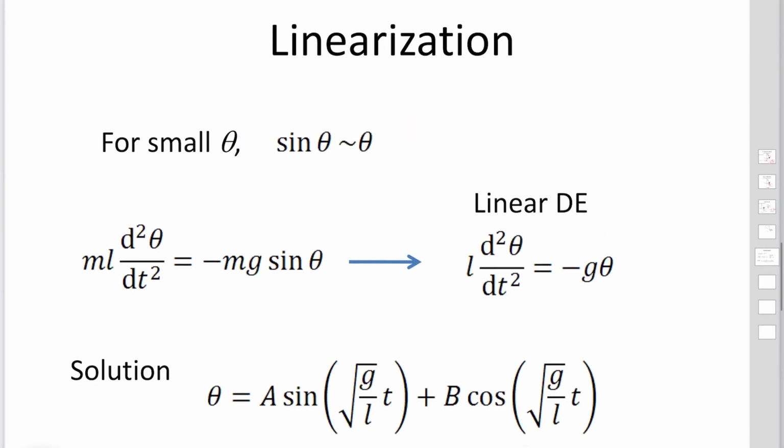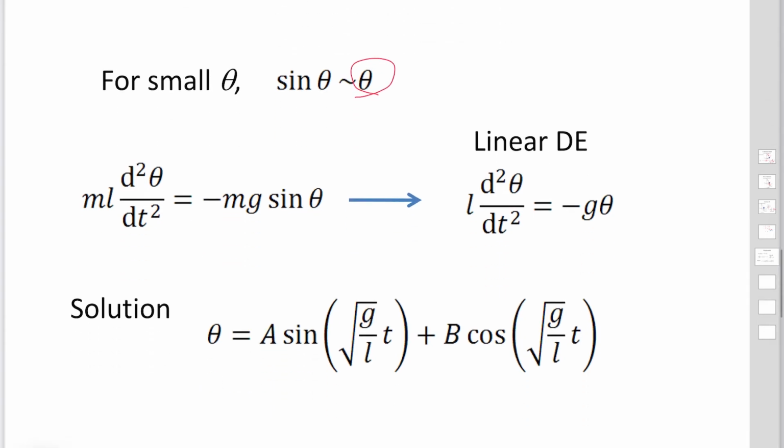In linearization, among the many terms of sine theta, we pick only the biggest term, theta. Then the equation is simplified to L times the second derivative of theta with respect to t equals minus g theta.